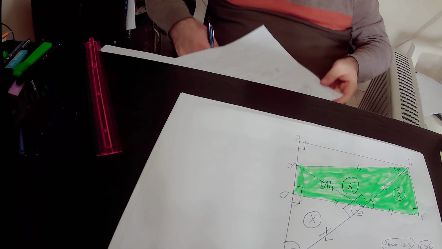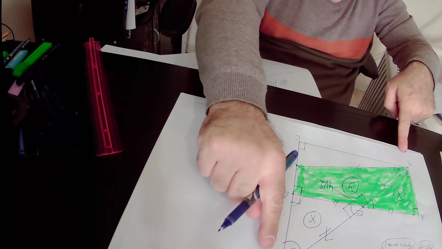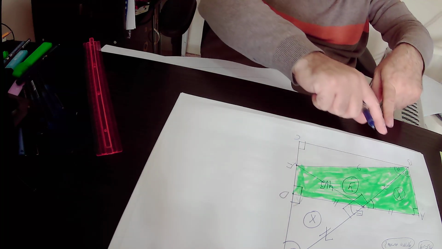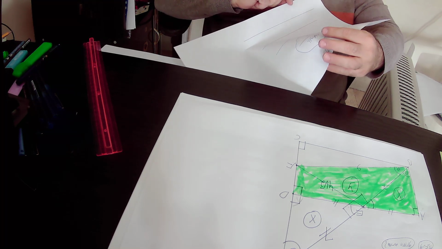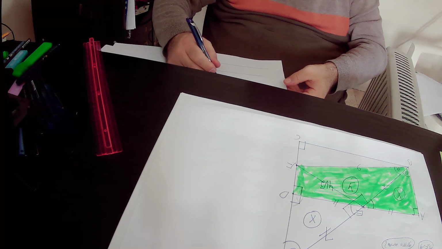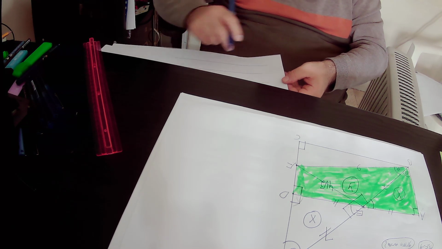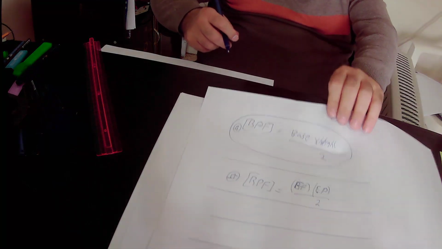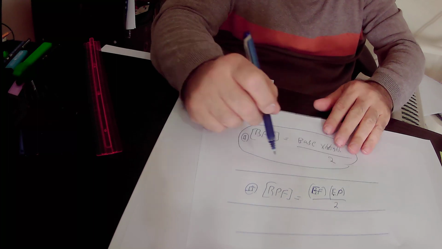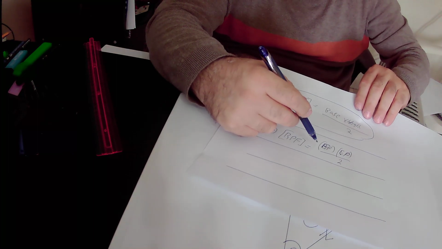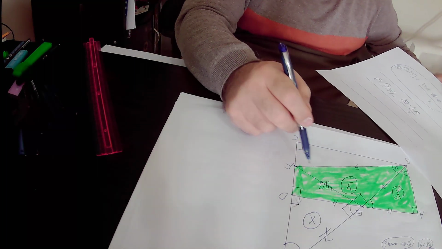Actually, the base is BP. The base of the isosceles triangle BPF is BP, so the base is BP times the height that is EF over 2.